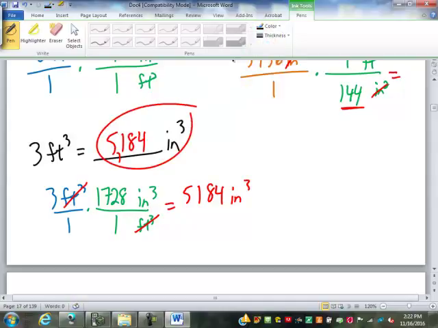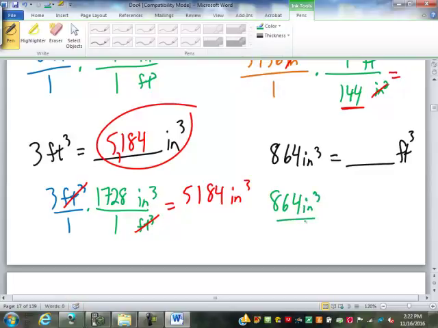Or the other way, we might have 864 cubic inches converted into cubic feet. So 864 cubic inches over 1.